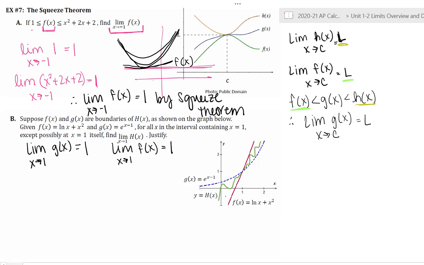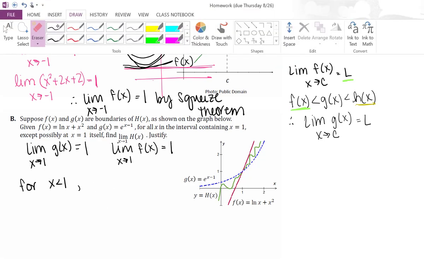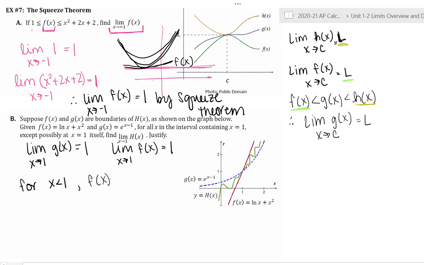So our first scenario, we'll deal with that left hand side. So I'm going to say for x is less than 1, actually I should probably flip that around so my inequalities don't get confusing. Let's say f of x is less than h of x is less than g of x.